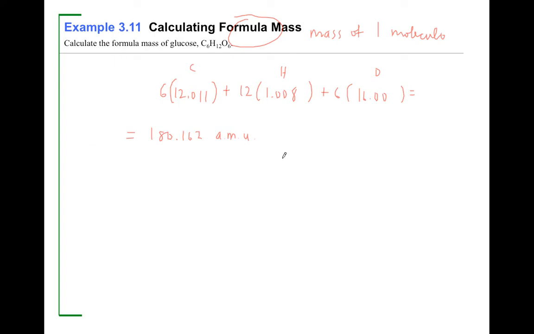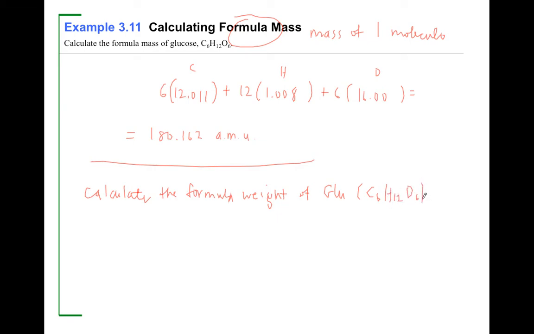Now, if the question said instead, calculate, can you read my writing? The formula weight of glucose, C6H12O6.